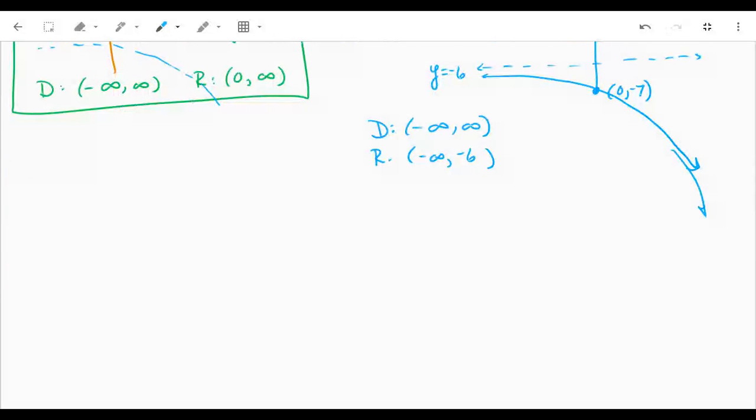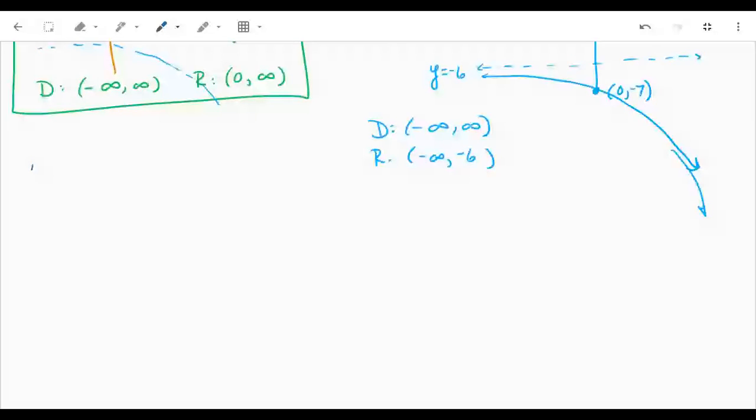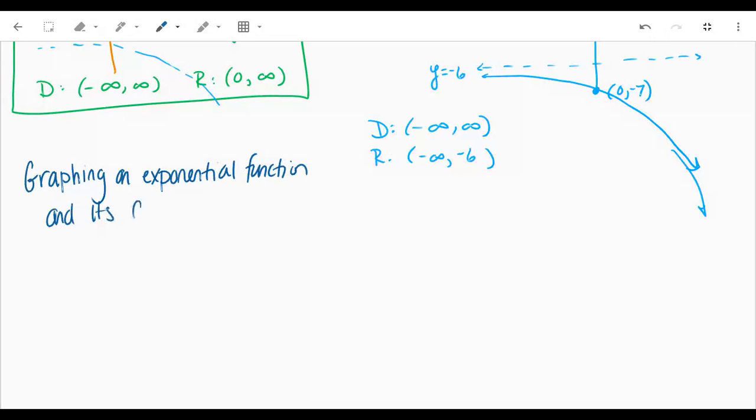The next one is more graphing, so we'll get a little bit more practice with this. We have graphing an exponential function and its asymptote, in the form f of x equals a e to the x minus b plus c.